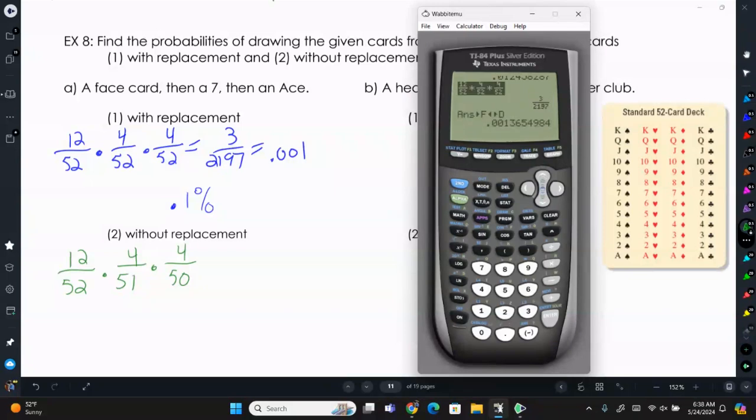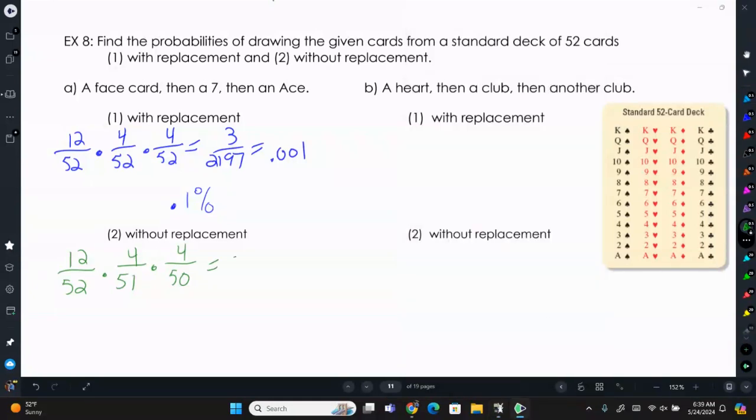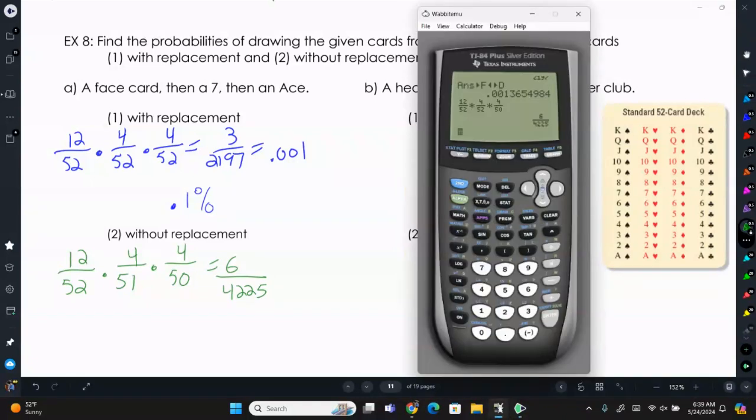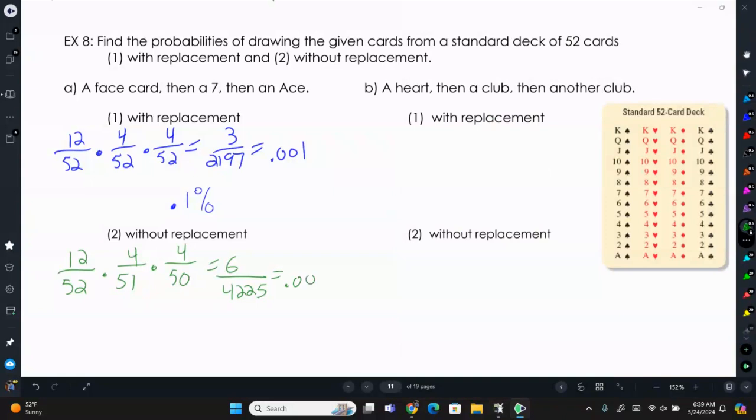So if I go back up here and change this to 50 and change this to 51, okay, it's 6 over 4,225. And if we change this to a decimal, 0.0014. So if we compare that to 0.0013, it's not much more likely to happen when we don't replace it. So still 0.1%.